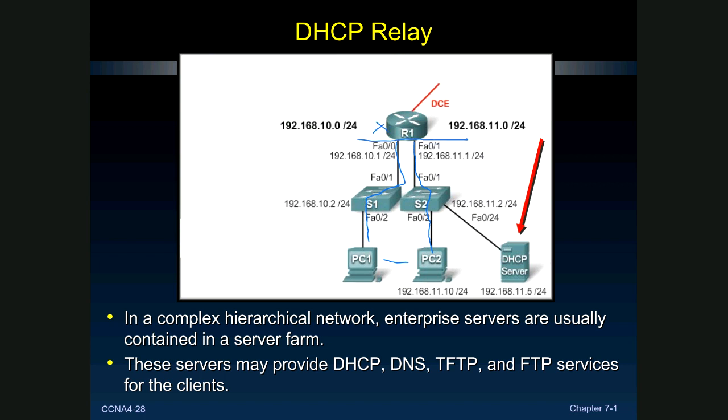Routers do not pass broadcasts. Oh dear, now we can't get to the DHCP server that's on another network. Well, PC2 is in good shape because the DHCP server is on his network. His broadcast will reach the DHCP server. What about the poor PC1 on the first network? How do we get his broadcast all the way to that server?